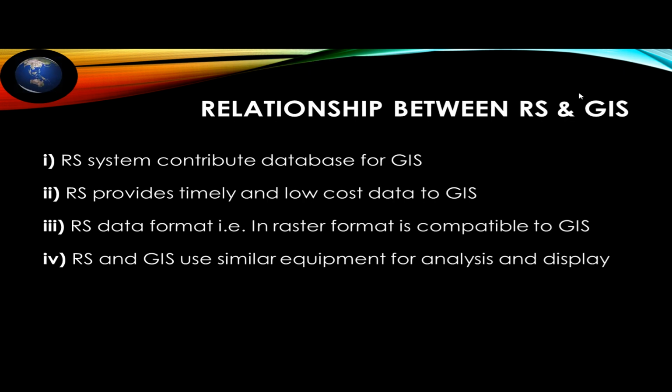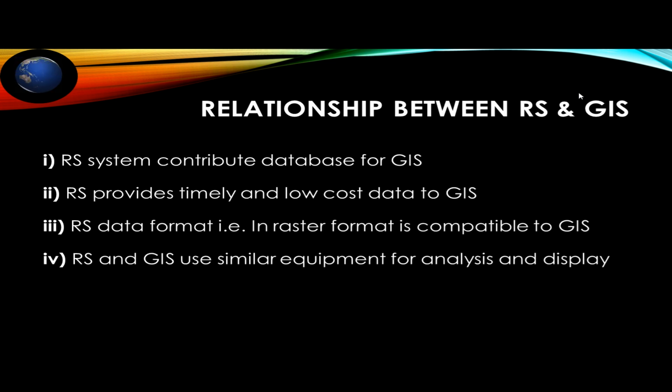So why are we assessing the information from remote sensing? Because we are integrating this. We want to know the relationship between remote sensing and geographical information system. The remote sensing system contributes database for GIS. Remote sensing provides timely and low cost data to the GIS, because when you want to collect large scale data, you can't go individually with your own team to do a survey at each of the places.